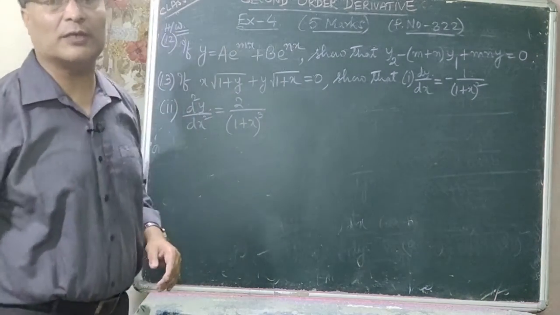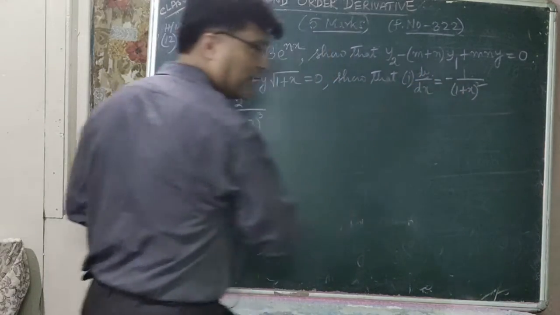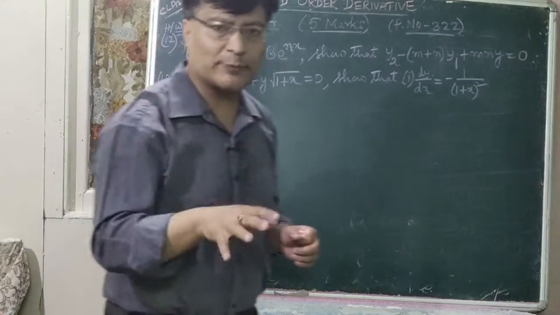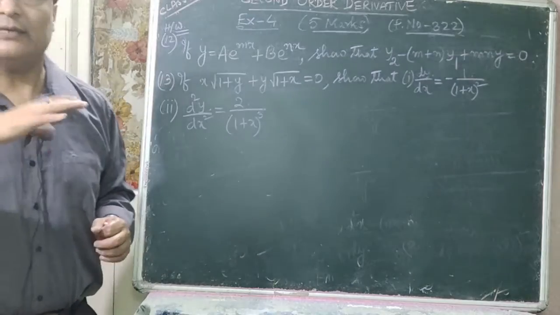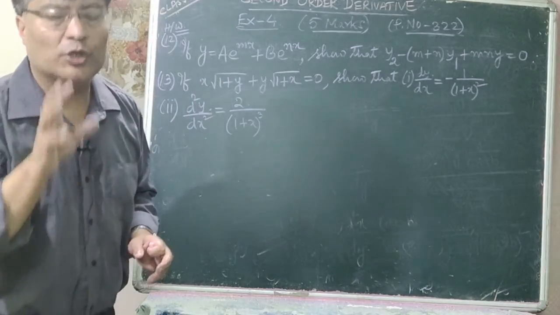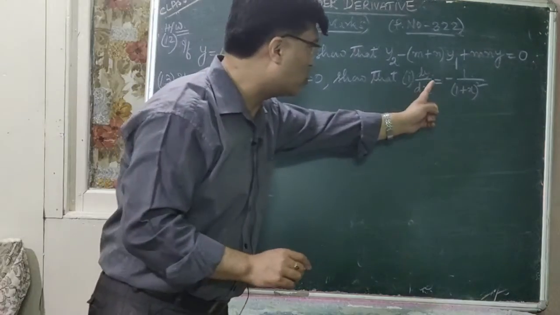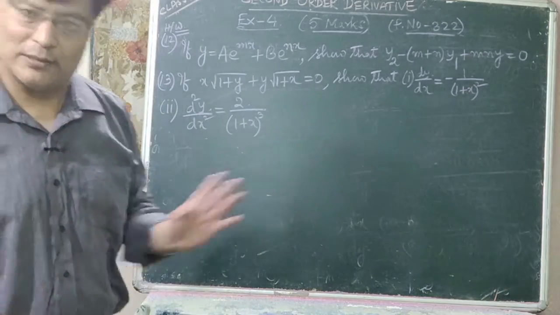Now, since you have to prove dy by dx in terms of x and d2y by dx square in terms of x, you have to express y in terms of x from given, eliminating square root.